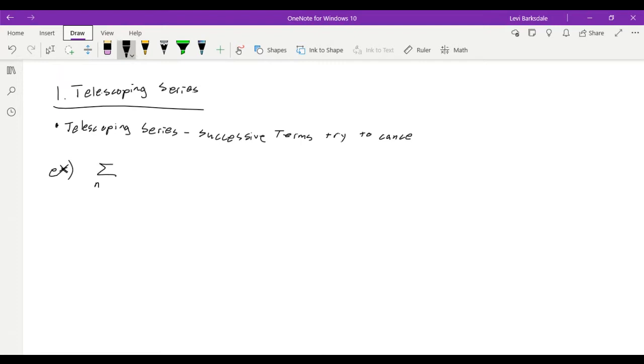Let's say we have the sum from n is 1 to infinity of 1 over n times n plus 2. Well, we could rewrite this 1 over n times n plus 2 term using partial fractions, and when we do that, we get A over n plus B over n plus 2 is equal to 1 over n times n plus 2.